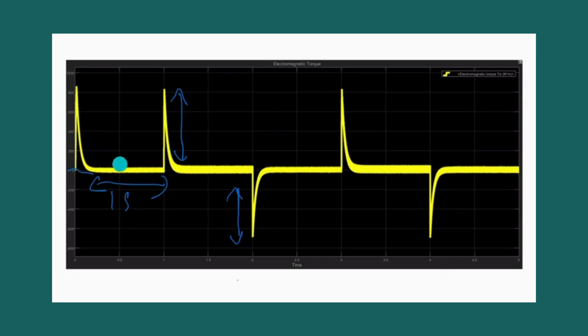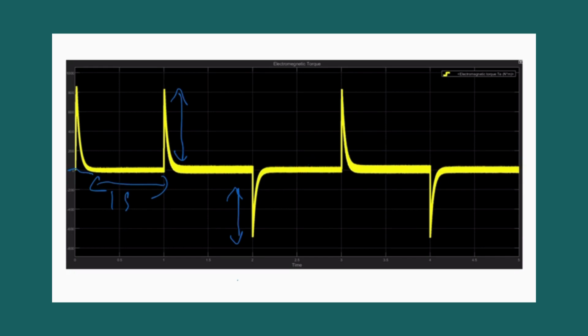It responds to the changes in current fast and efficiently, and the torque increases and decreases depending on the speed, whether the speed increases or decreases, again in the period of 1 second that we put on it.